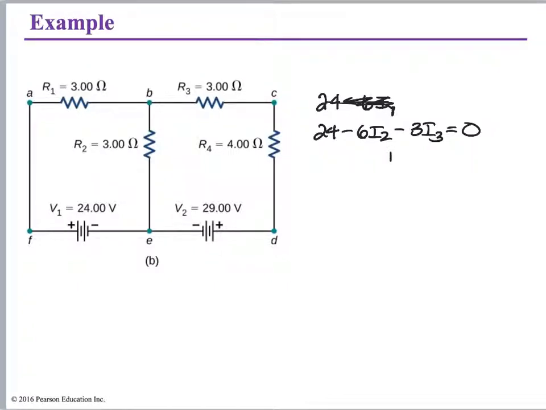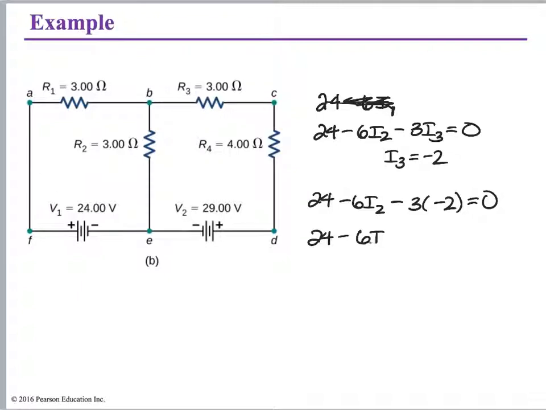And so I'm going to make I3 equal to minus 2. So 24 minus 6I2 minus 3. And notice I got to put it in as a negative value. So I get 24 minus 6I2 plus 6 equals 0. So 30 is equal to 6I2. I2 is equal to 5.